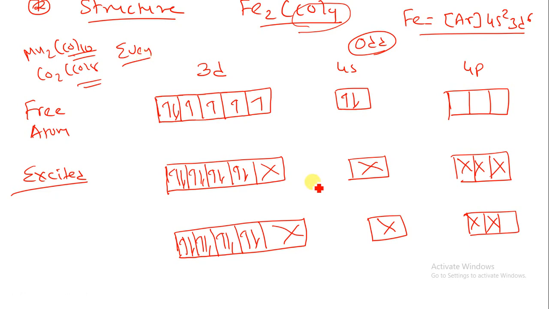So this odd number of ligands cannot be completed by duplication of the excited state. So I just have to move the 4s orbital electrons into the 3d orbitals. Then I have to see what the structure will be.